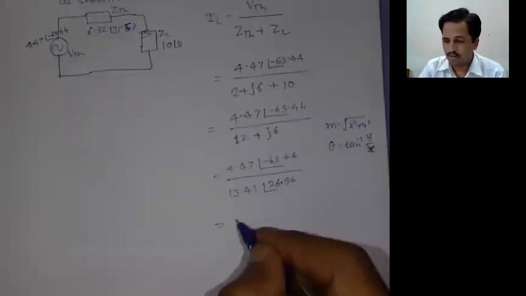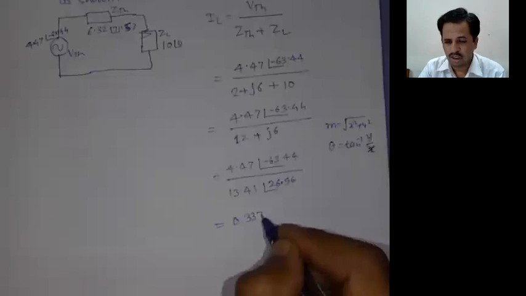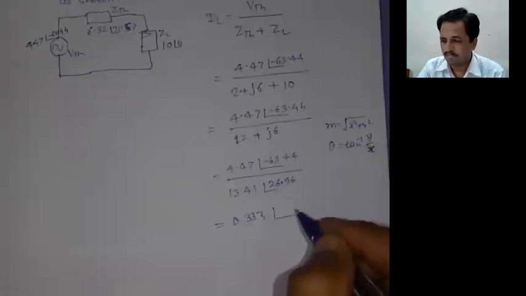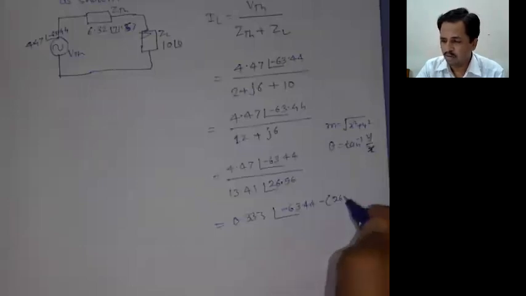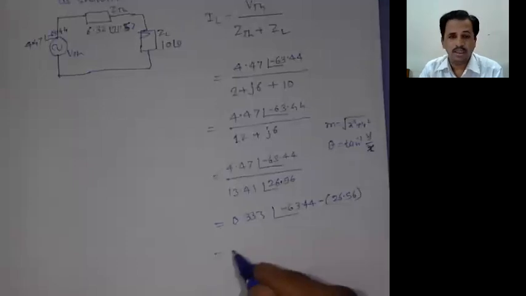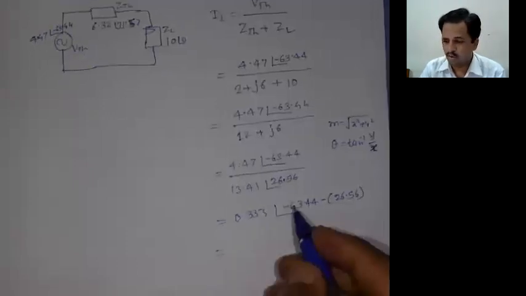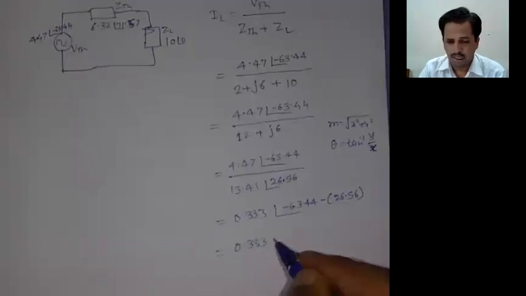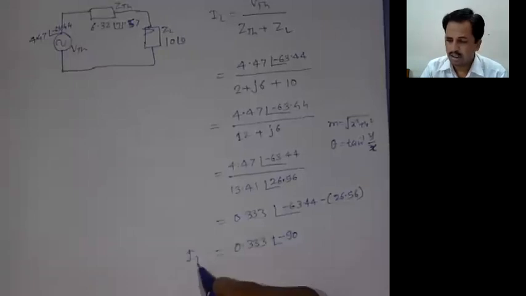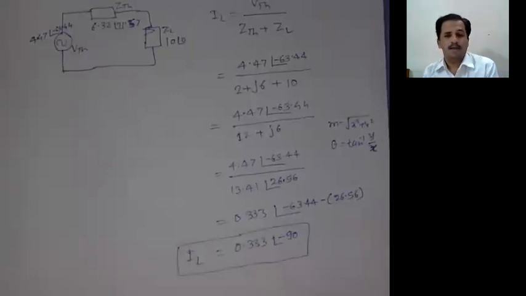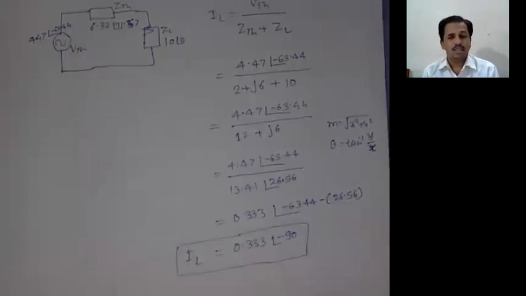Now this value is represented as 0.333 with angle minus 63.44 minus 26.56, and it is represented as 0.33 with angle minus 90 degrees. This is the current flowing through the circuit. It depends upon the capacitive component, and therefore the negative sign must be present in the circuit.